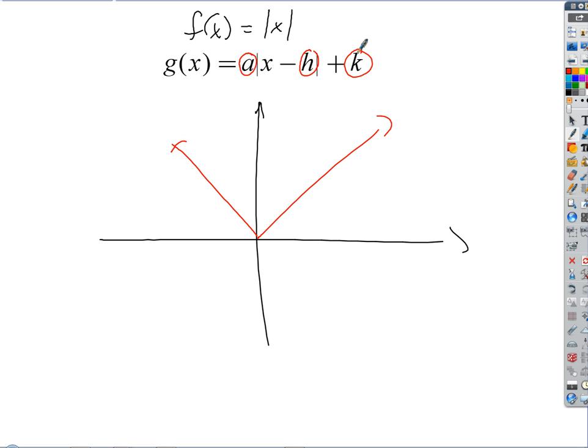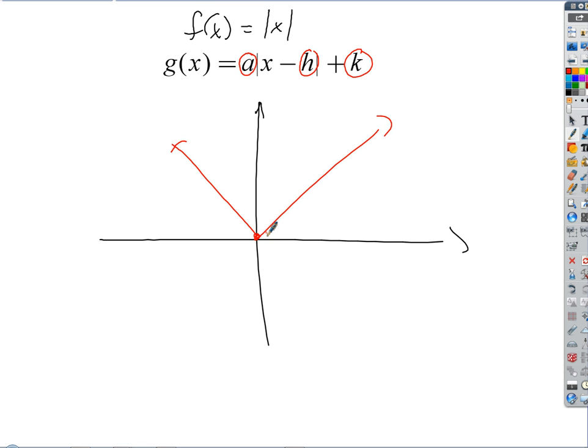But there's really only one point on the absolute value function that we're able to track really well. What is that? It's the vertex. All the other points are hard to see because they're just parts of rays. But this one is really easy to find. If we start with the vertex at 0, 0, and we move it right by H and up by K, those are translations, but doesn't it end up really just being the coordinates of the vertex?